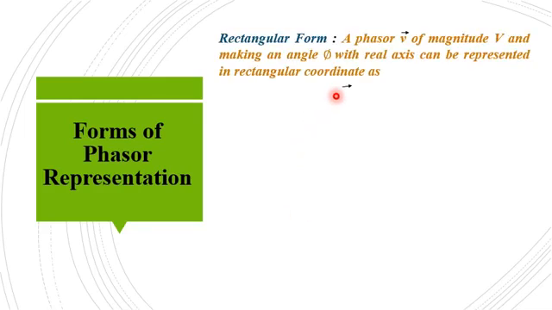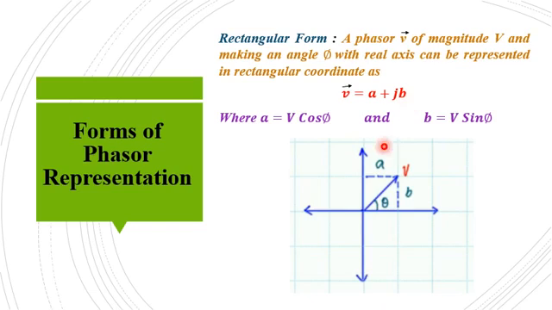In the rectangular form, a phasor which is having a magnitude V and is making an angle phi with the real axis can be represented in rectangular coordinates as vector V equal to A plus jB. Okay, so this is our phasor.